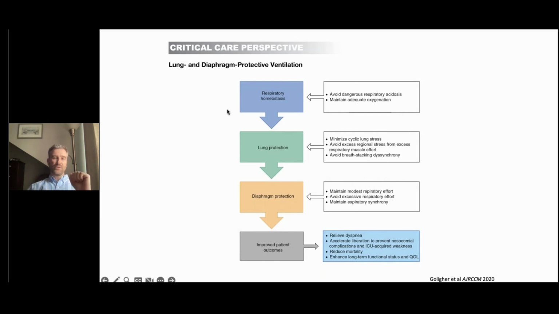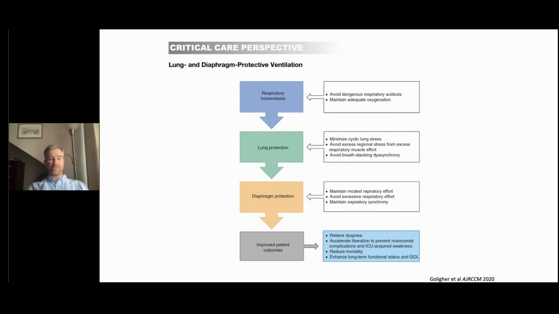Whereas in conventional lung protective ventilation, we adjust the ventilator to ensure an adequate blood gas, adequate ventilation, while also ensuring that the tidal volume and plateau pressure are not excessive. Now we're adding a third dimension, which is respiratory effort. We want to achieve, in addition to a good blood gas and safe lung distending pressures, an adequate level of respiratory effort.